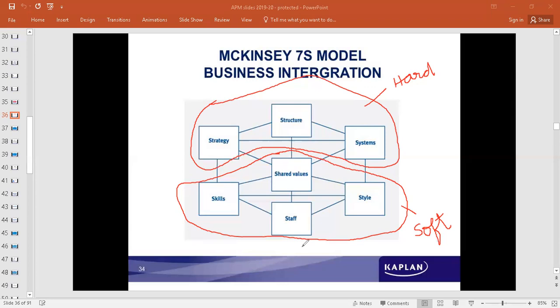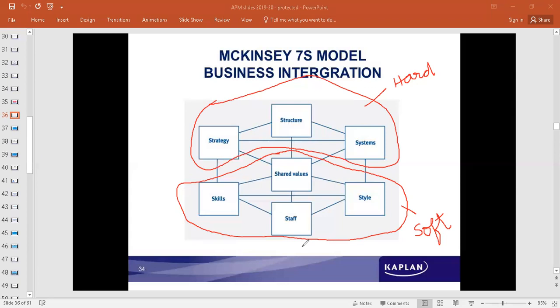As part of shared values, we can also see that maybe they are okay working as groups, or they prefer to work individually.